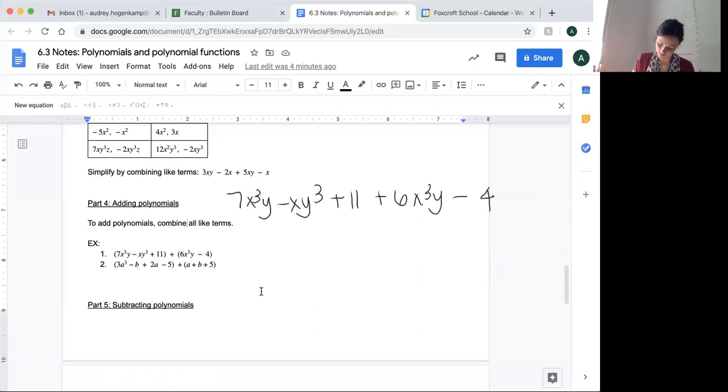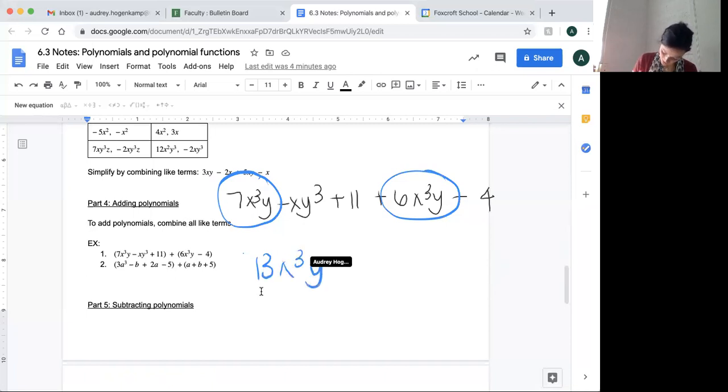So I have 7x cubed y, and I have 6x cubed y. So 7 plus 6 is 13. This guy, xy cubed, looks the same, but it's not the same. It almost tripped me up, but then it didn't. So we have 13x cubed y.